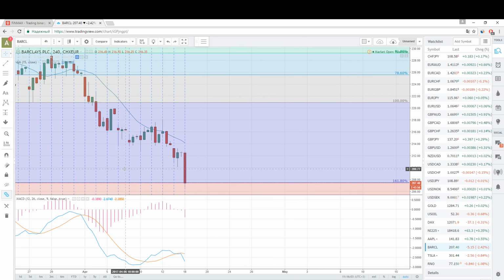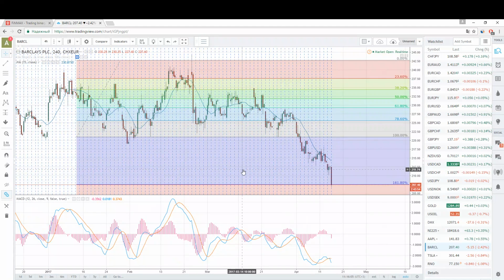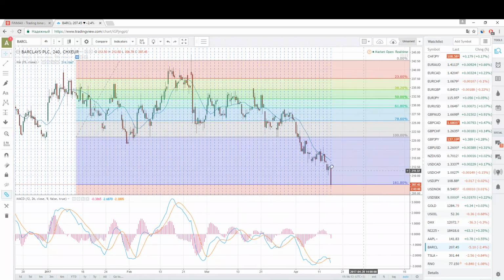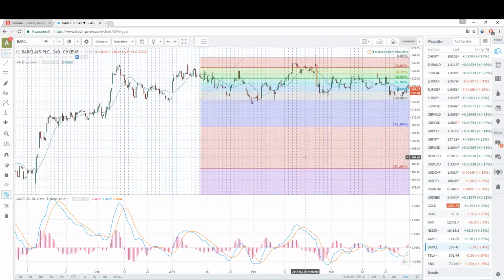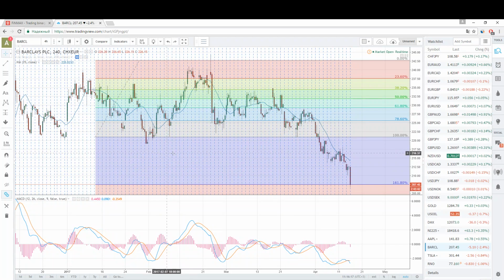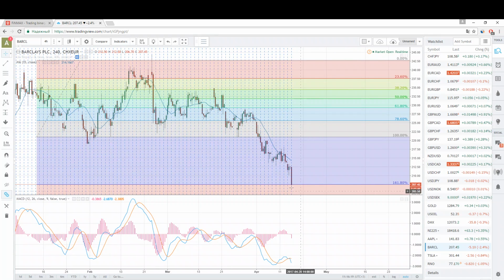So you can see that at the current moment I have here the Fibonacci retracement lines, and I drew it a long time ago, but right now we see that the price has stopped near this line, because that's the important support level.